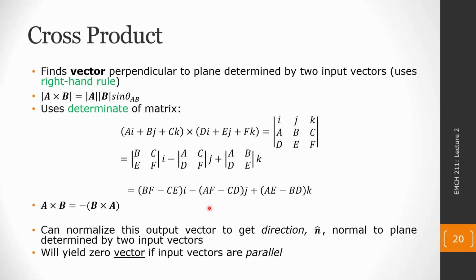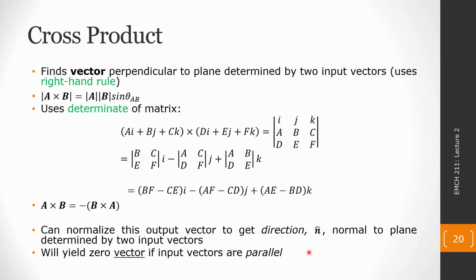And now, again, a last analogy here. For the dot product, if two vectors were perpendicular, their dot product always resulted in 0. The analogy here is for a cross product. If we have two vectors that are parallel, their cross product will always result in a 0 vector. Again, we always get a vector output when we do a cross product.